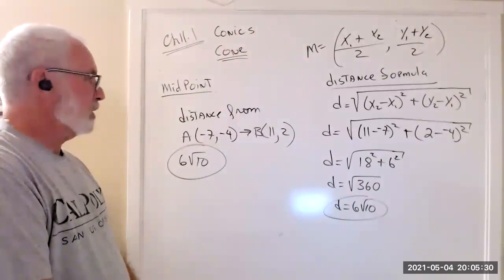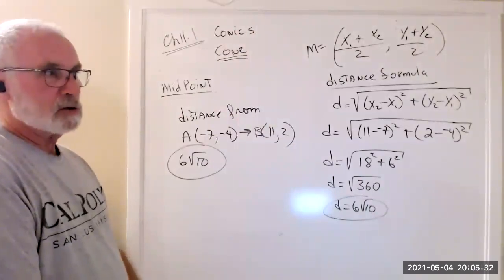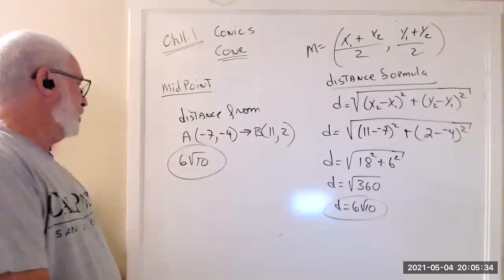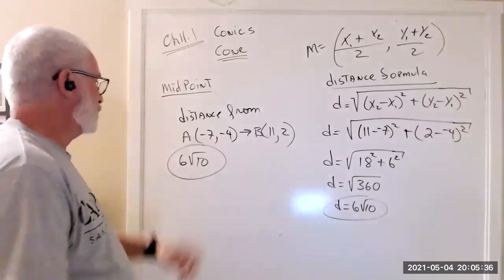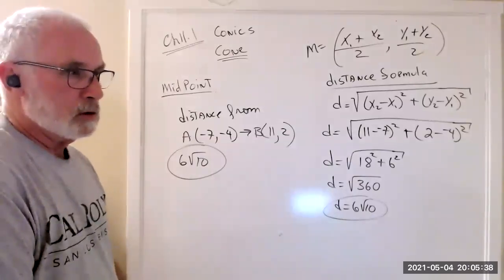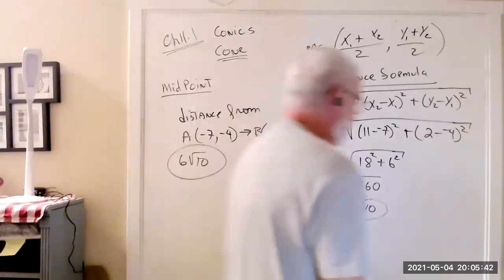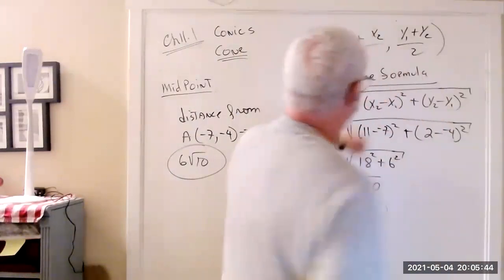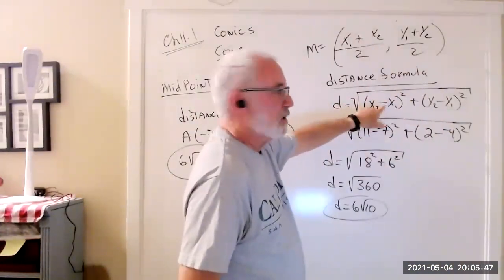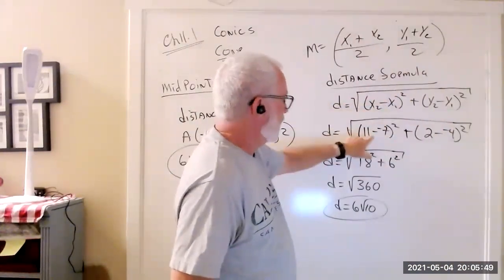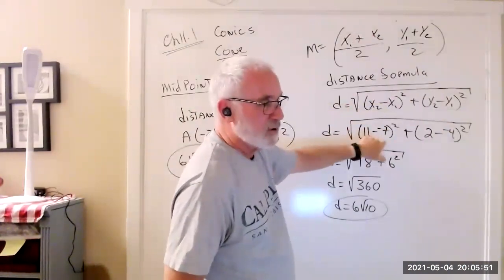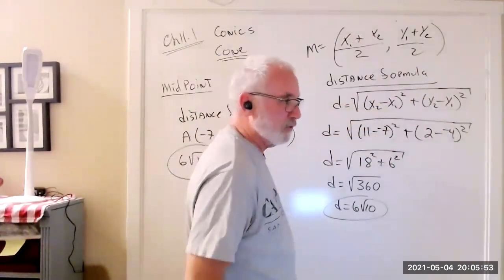Anybody want me to do it on Pythagoras? Draw a triangle or not? Are you guys okay? As long as you got 6 radical 10, I'm cool. All right, I don't hear anybody saying that. Again, caution, the formula has a minus. So it's this number minus a negative, and you have to remember to pay attention to all those stupid little details.